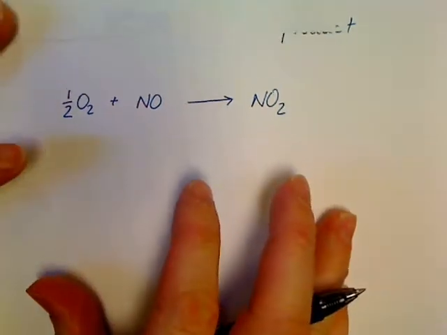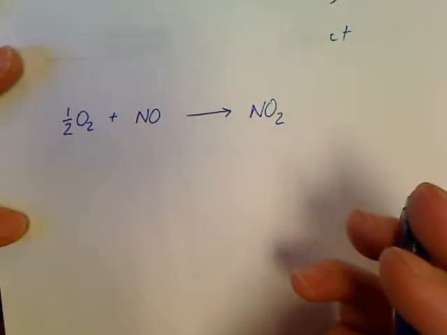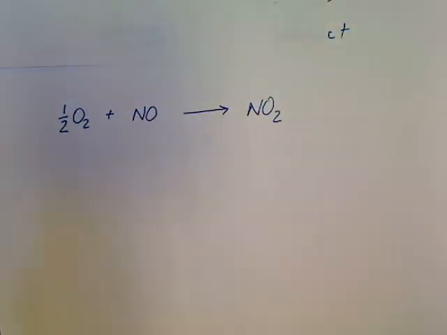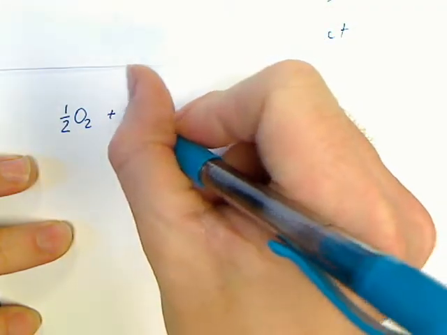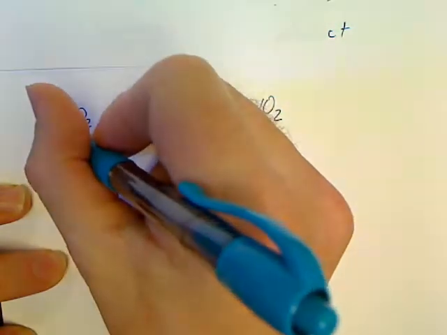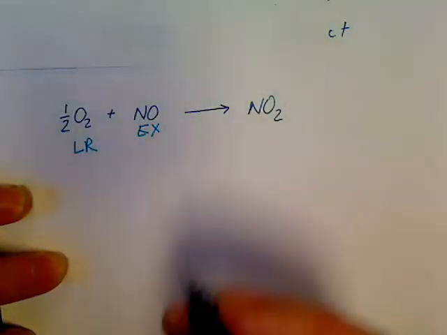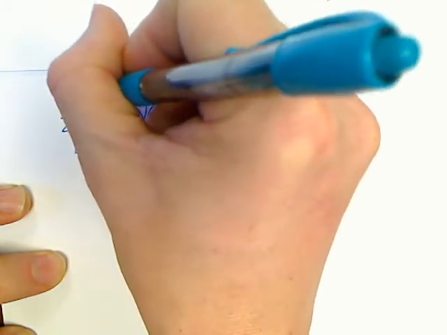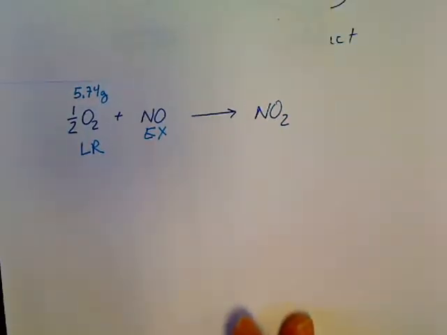This problem says that 5.74 grams of oxygen reacts with excess. Oh my goodness, ain't this the sweetest problem you ever saw? Look at this. It tells us that NO is the excess, which means this is the LR, and it says that you've got 5.74 grams of that O2.